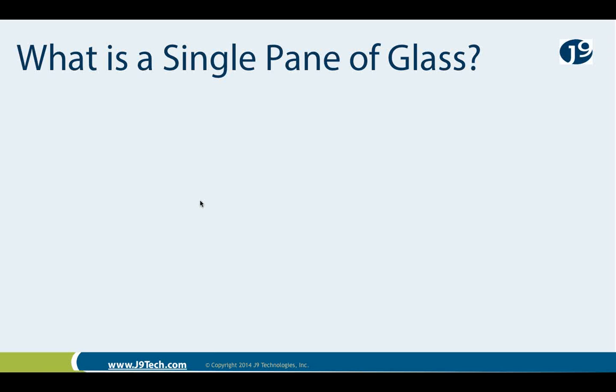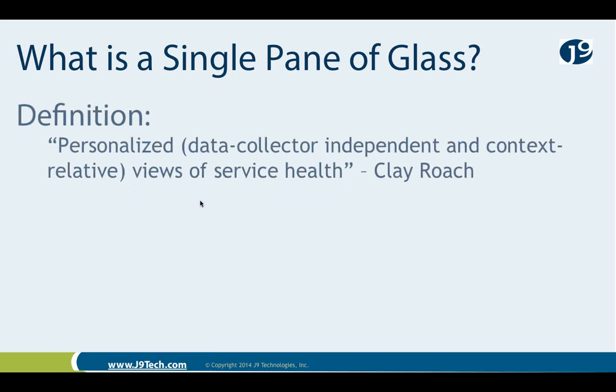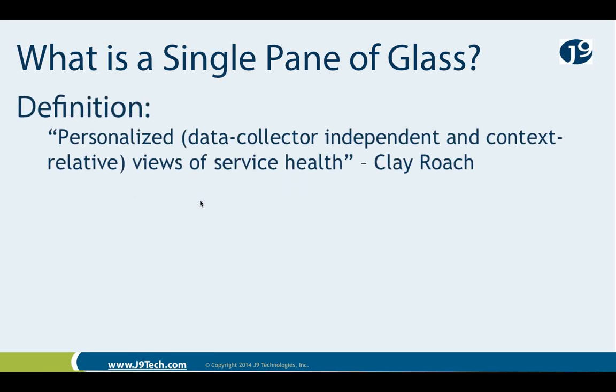So first of all, I know single pane of glass has been a term that's been thrown around for quite some time. It's not like this is a new concept. I struggle sometimes with the right definition. Oftentimes we get asked what is this single pane of glass, and really why do we need it? So I've come across a definition which I think resonates for us and the IT organizations that we work with.